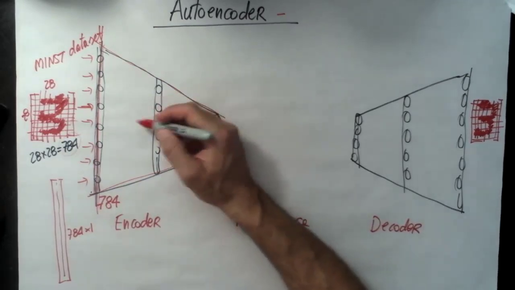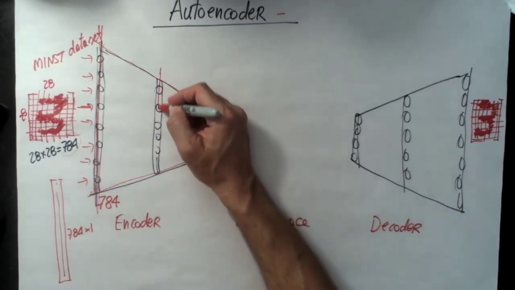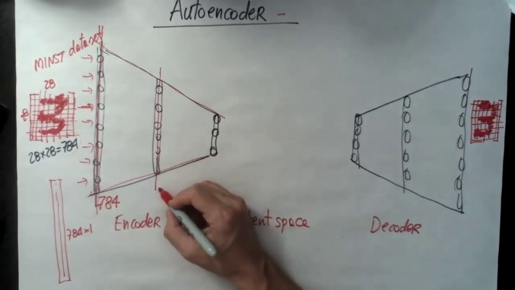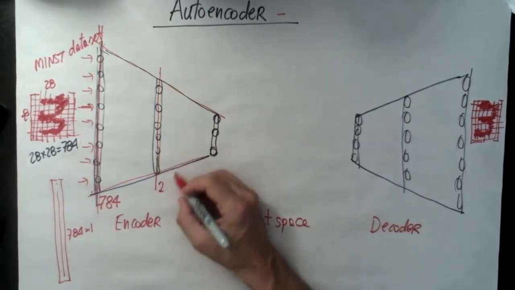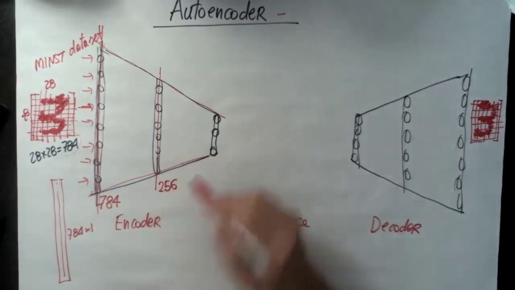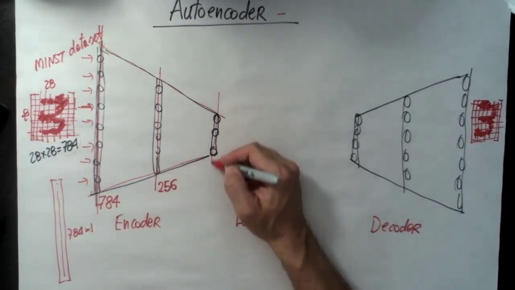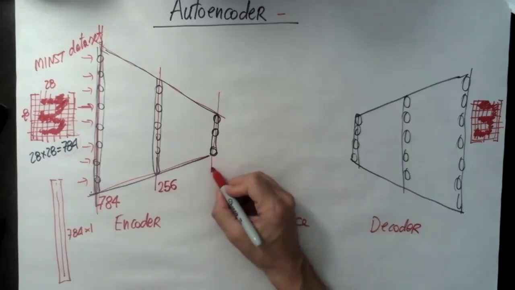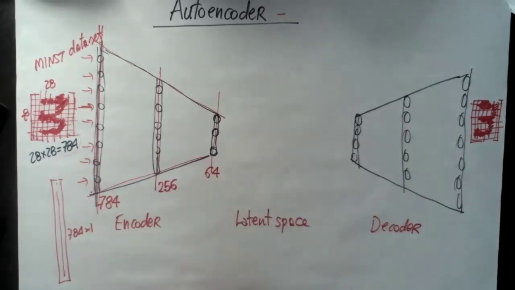So we're going to define a neural network in which the second layer is made, for example, of 256 values, and then the last one here we end up, for example, with 64.